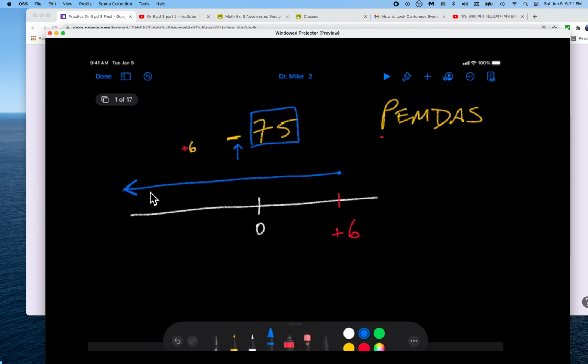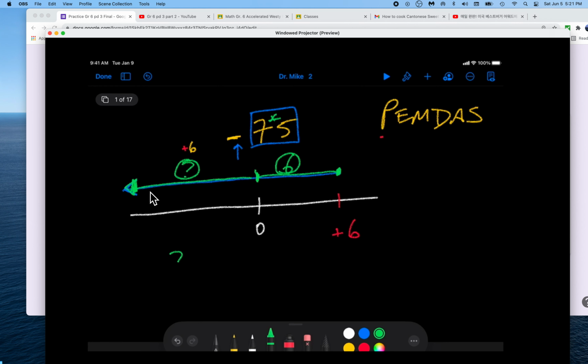So let's do that. The first 6 units going this way are taken up, getting to 0. Now the question is, how many more units do we go this way? Well, question mark plus 6 has to equal the 75.